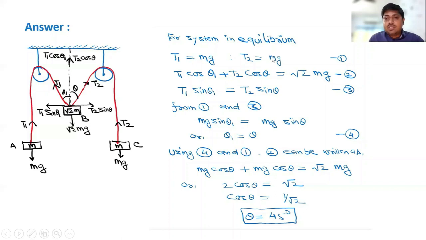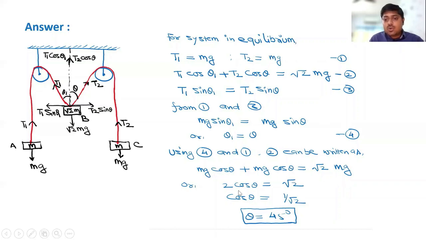If we put these values from 1 and 4 in equation 2, then we can write equation 2 again as mg cos theta plus mg cos theta is equal to square root 2 mg. Because mg will be cancelled out from both the sides, this will be simply 2 cos theta.